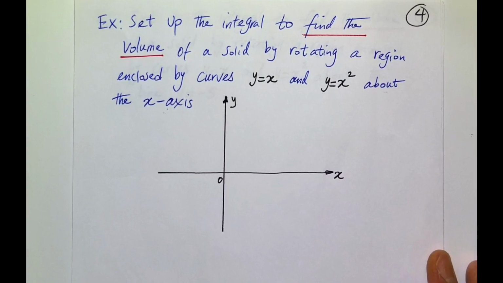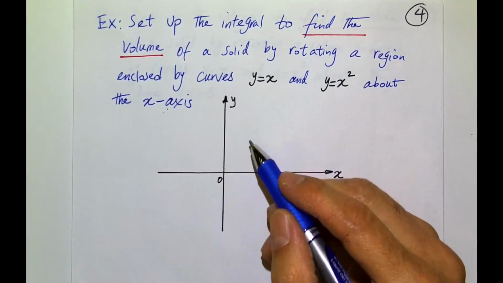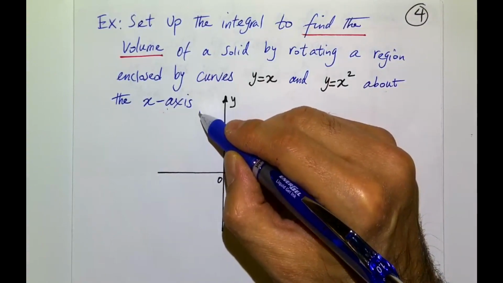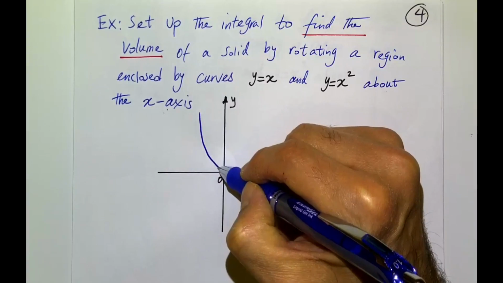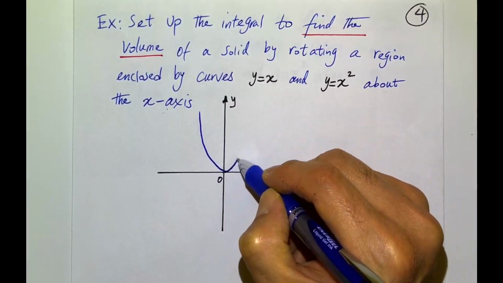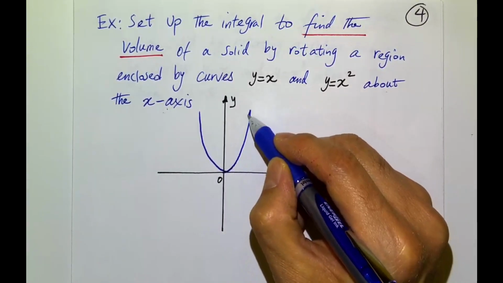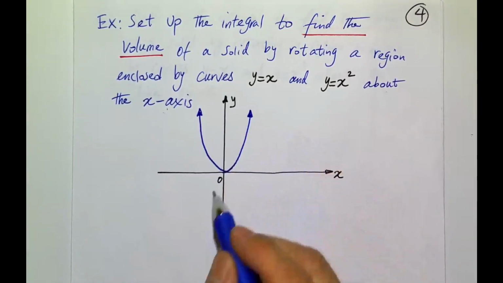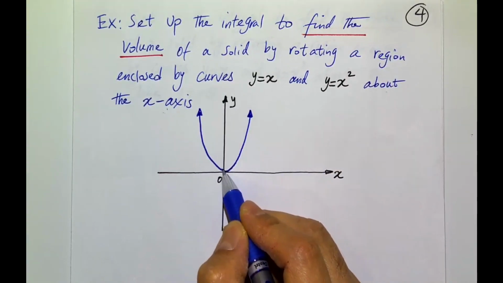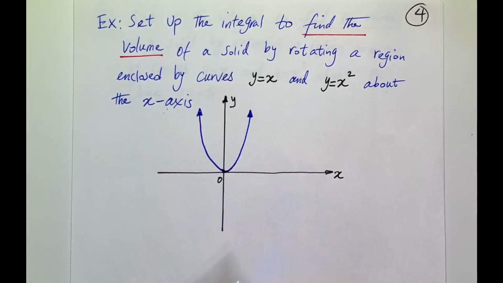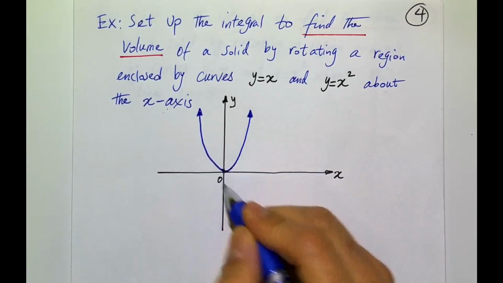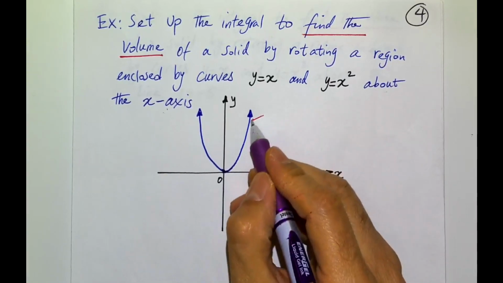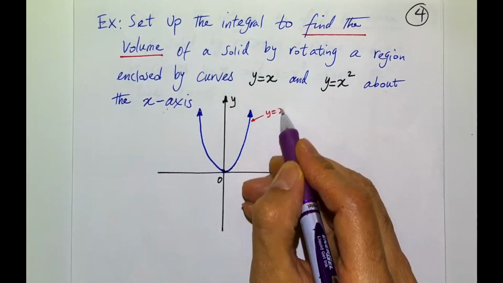It's just a basic quadratic function. Let me try my best to draw this, but if it's not to scale, please forgive me. The vertex of this quadratic graph should be at the origin. Sorry about that, it should be perfectly at the origin. Mine is a little bit off. So this is our y equals x squared.